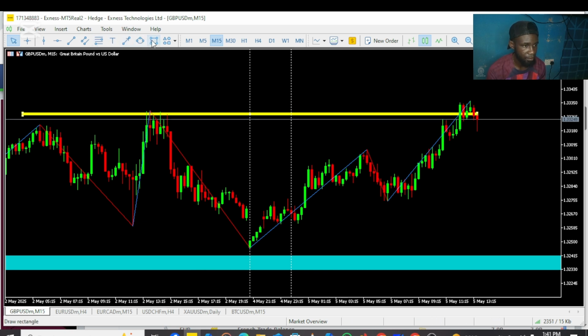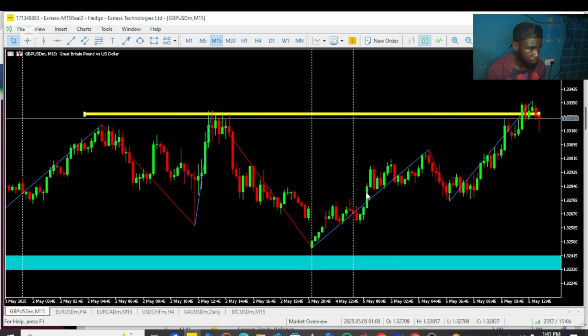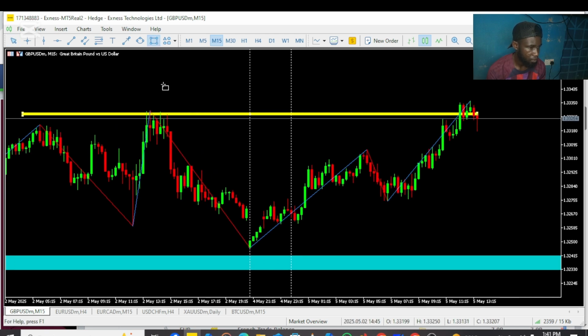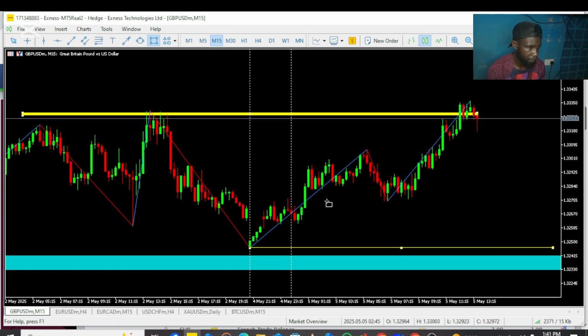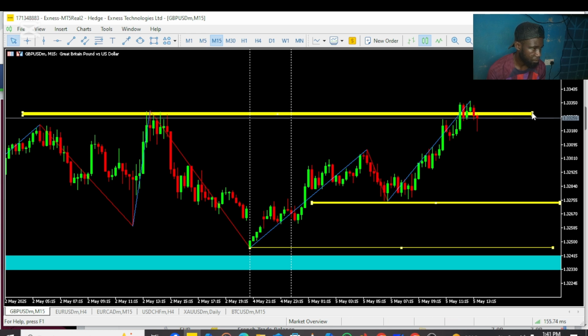And here is my support zone. Here is my support zone. Here is my minor support zone on the 15 minutes. Okay.